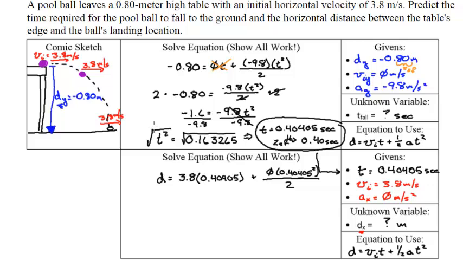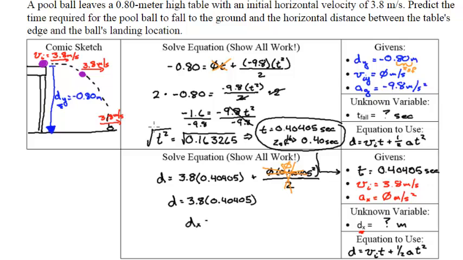Now, it is very common that students want to instantly multiply both sides by 2, but the fact that there's a 0 here multiplied by this number, does that cancel out, giving you a 0? And then 0 divided by 2, does that cancel out as well? All of this blows up, leaving me with distance equals 3.8 times 0.40405.